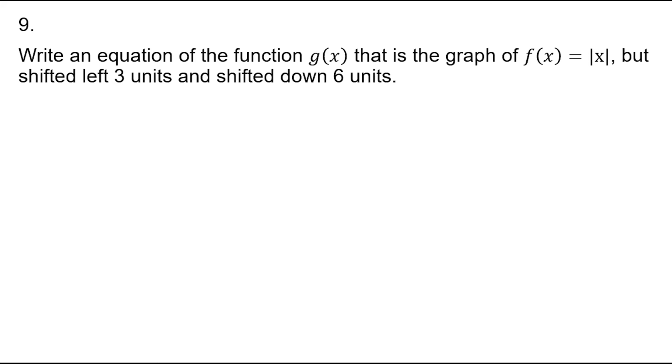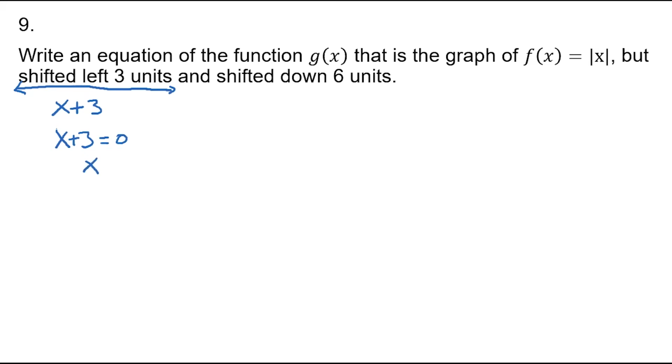So the first thing I want to underline here is that our original graph is going to be shifted to the left 3 units. So what does that mean? That means that we're taking our x, here's our setup, x plus 3, and you remember from the general formula for shifting left or right, you just take your setup, x plus whatever your constant is, in this case 3, and you set it equal to 0.